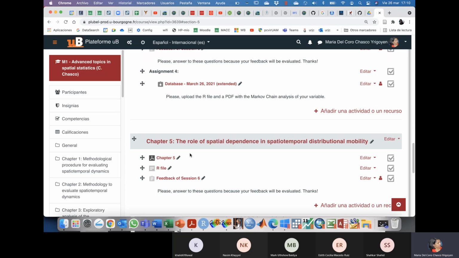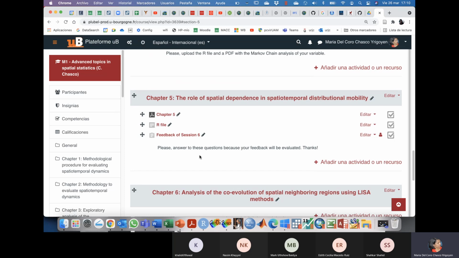dependence. But if you remember, we will see in the slide again for the whole methodology, we could also analyze how spatial regimes or spatial heterogeneity has something to say in this evolution.